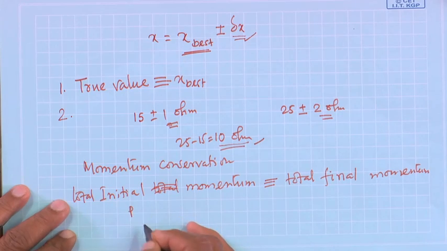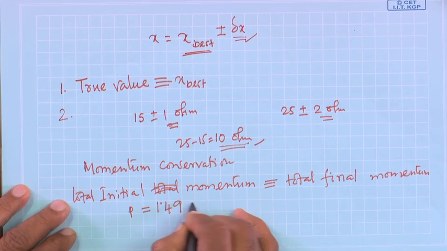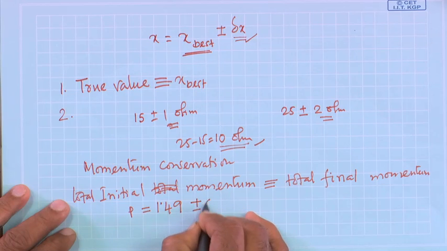Okay. Now, for this experiment, first you have measured the initial momentum. So, that is, say, P, the initial momentum P equal to some value, you got 1.49 plus minus 0.03. Okay.